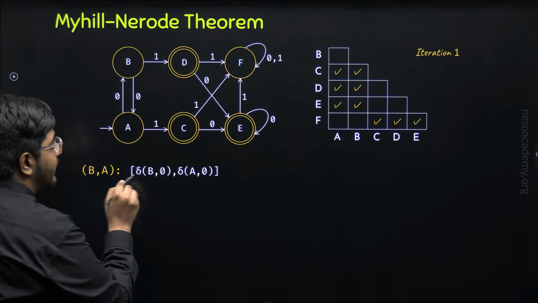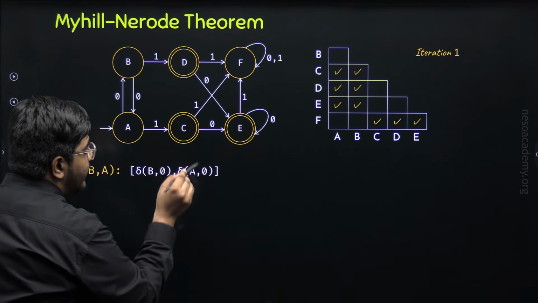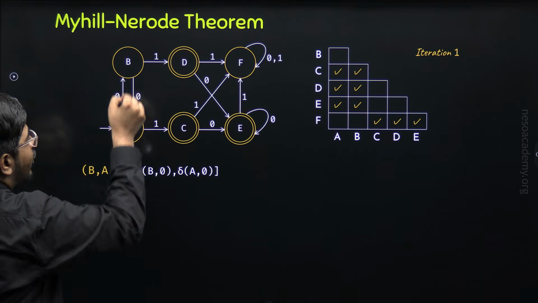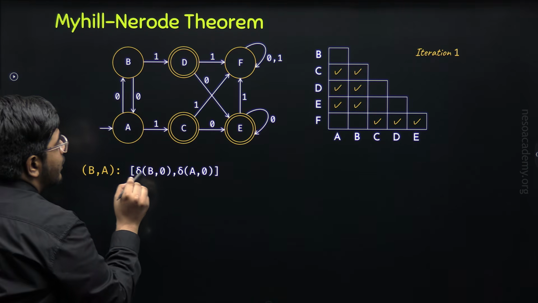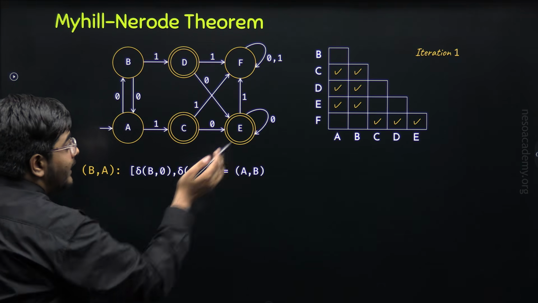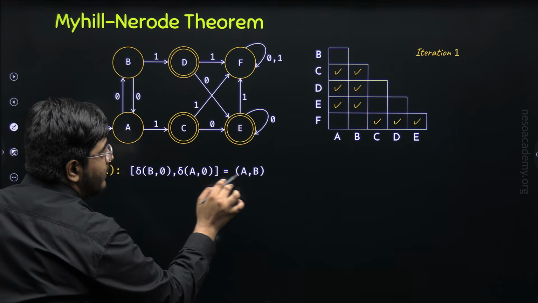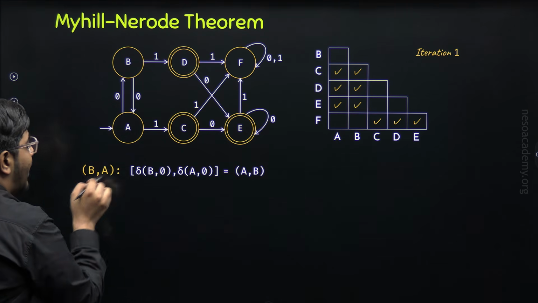Let's calculate these two. B, 0 is A and A, 0 is B. So for this we can write A, B. Now in this table we need to check A, B. If A, B is marked, then we will mark B, A.